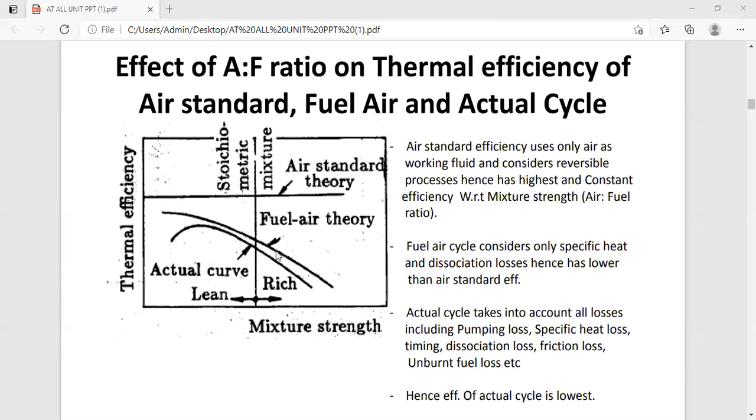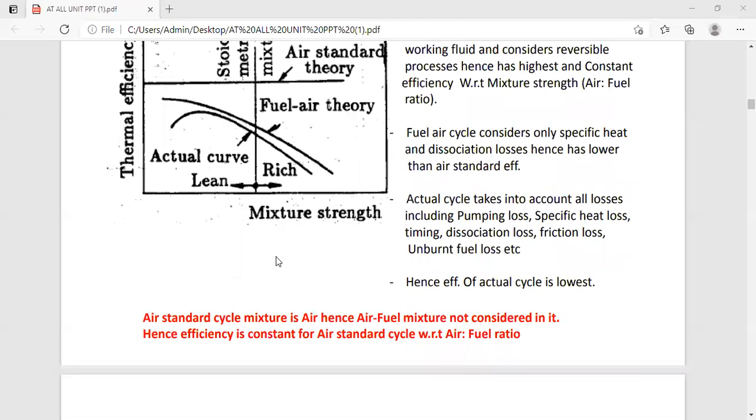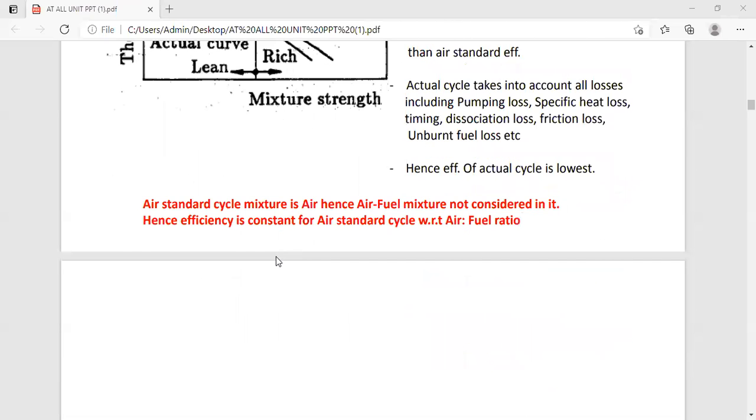So this is the effect of air fuel ratio on the thermal efficiency of the air standard, fuel air, and actual cycle. This is the last point in the first unit, so this is the end of your first unit. If you have any queries related to the first chapter, you are free to ask me.